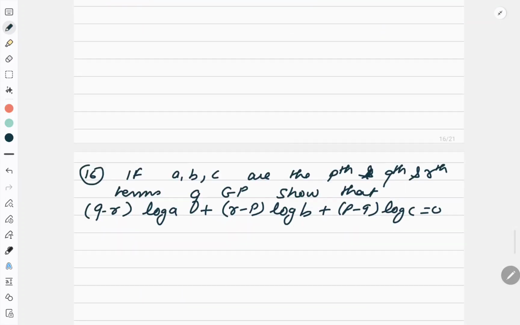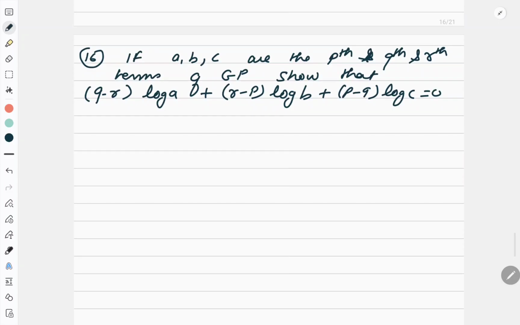Okay, let's see the next question. A, B, C are the pth, qth and rth terms of a GP. Show that this is 0. Okay, again start like that.